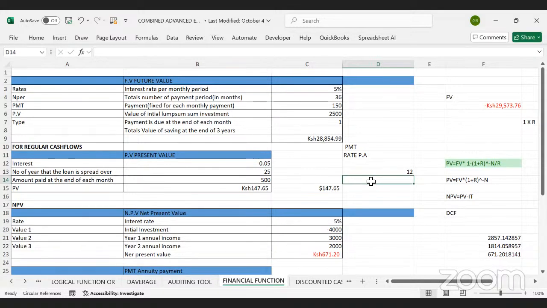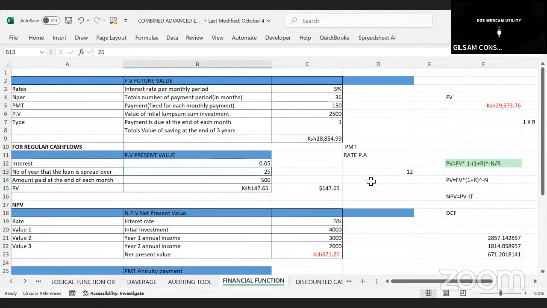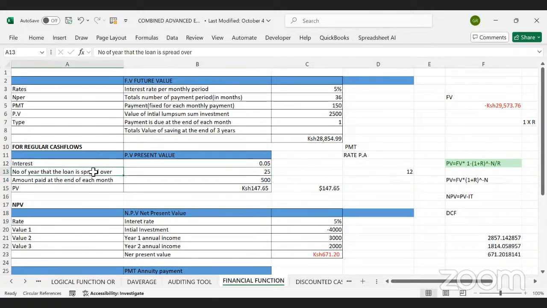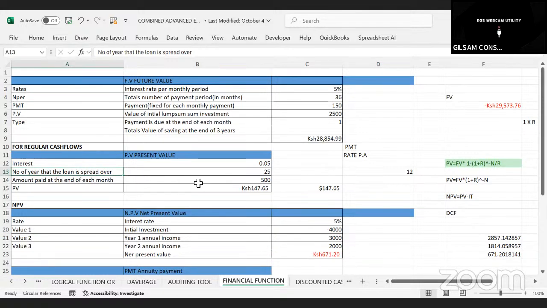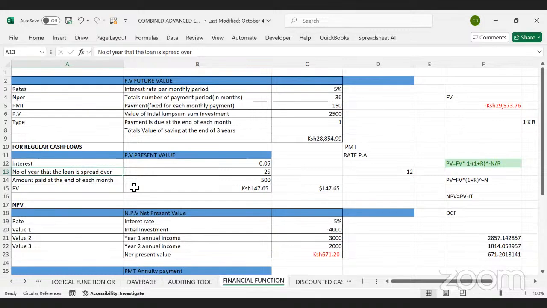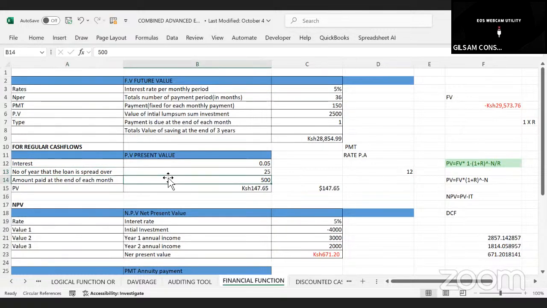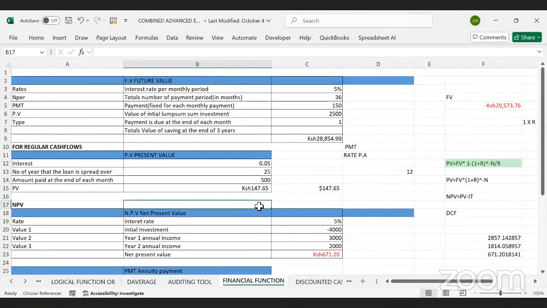But sir, for this number of years, the loan is spread over, I think it's 25 months. The number of years that the loan is spread over. And I think it would be years, which is 25. Oh, it's 25 months. See, periods, yeah. It would be periods, and then we would divide your rate by 12. Oh, okay.